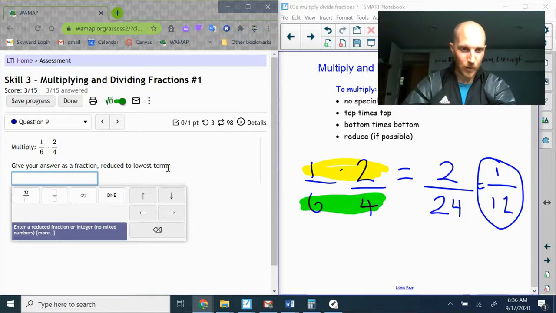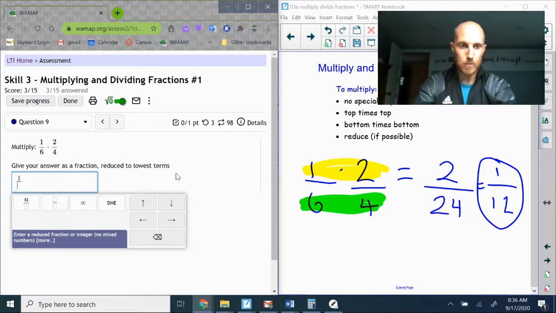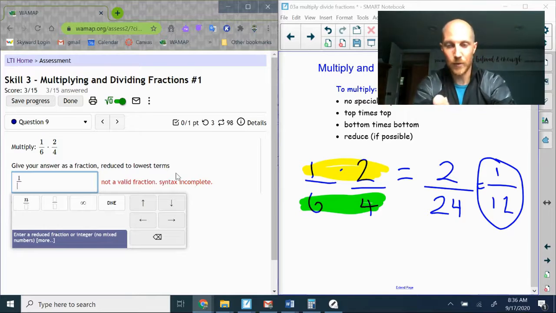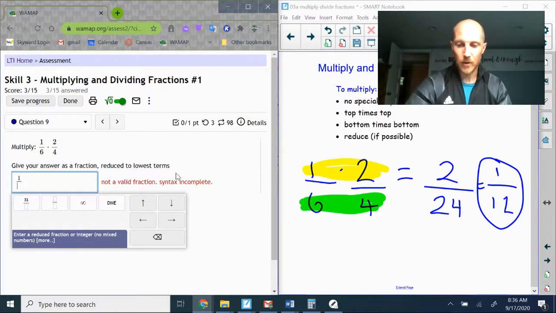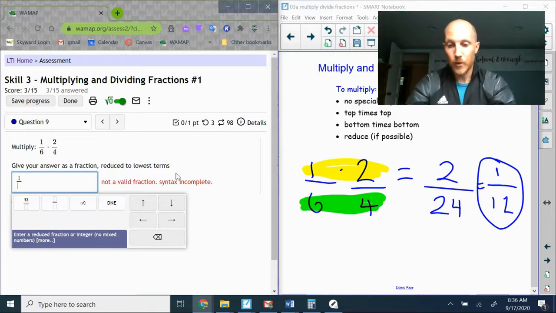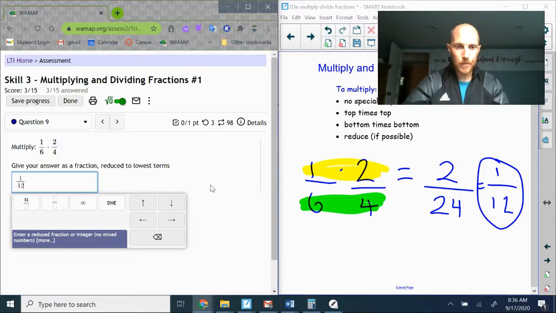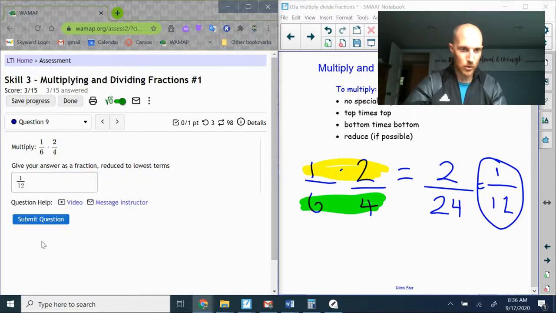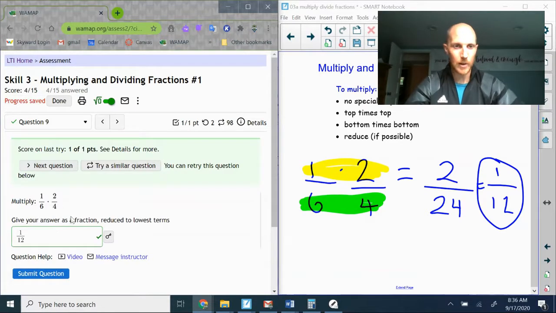I can't make this toolbar go away, but on the keyboard, I'm just going to type the 1 and then the slash. It looks just like a fraction. It does the exact same thing as far as the computer is concerned. I just hit the slash button, at the bottom right side of the keyboard, and then I can type 12. Make that toolbar go away so I can hit submit. Yay! All right.